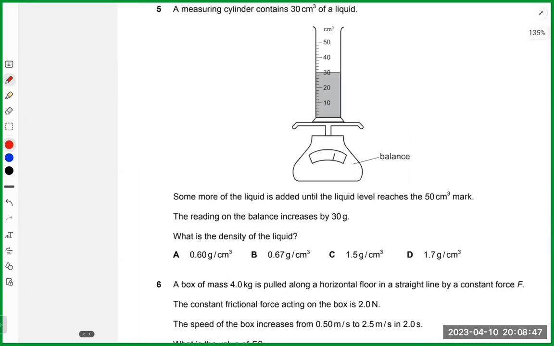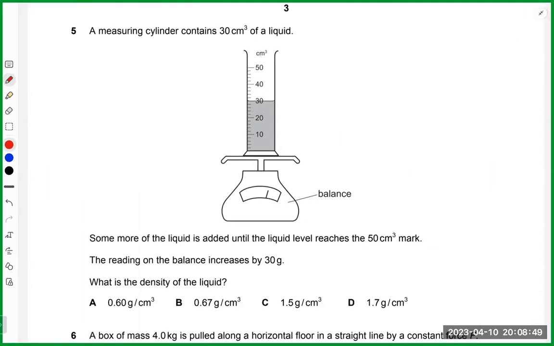A measuring cylinder contains 30 centimeter cube of liquid. Some more liquid is added so the liquid level reaches 50 centimeter cube. The change in volume is 50 minus 30 equals 20 centimeter cube. The reading on the balance increases by 30 grams. What is the density of the liquid? So density equals mass, which is 30 grams, divided by the change of 20 centimeter cube of liquid.